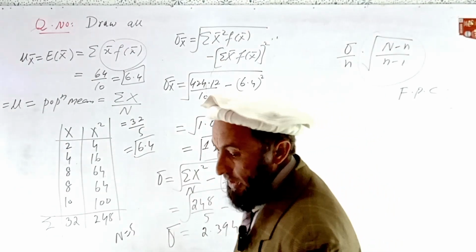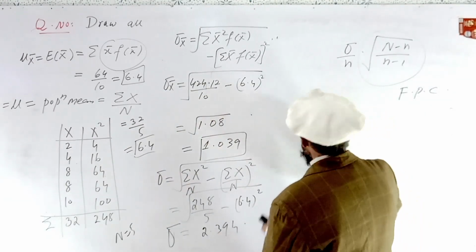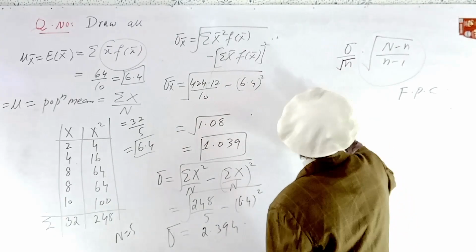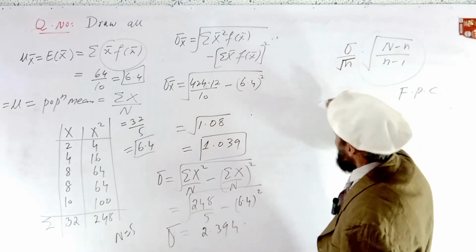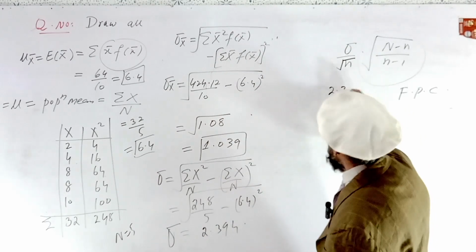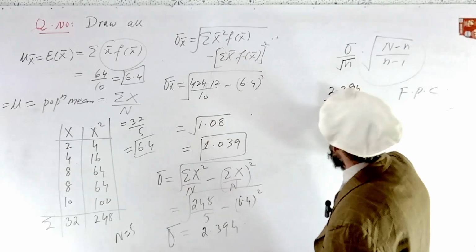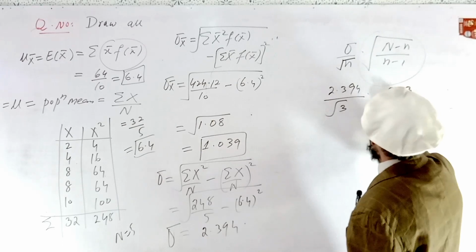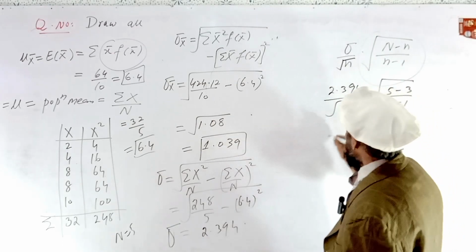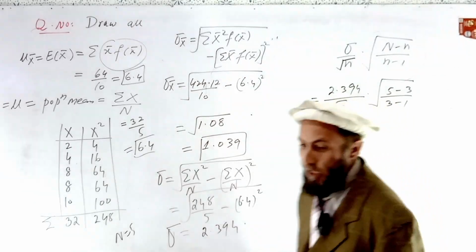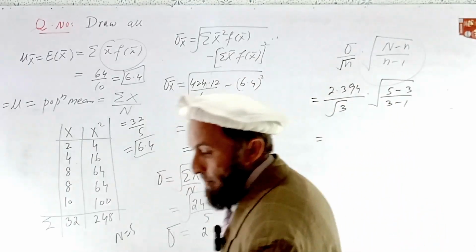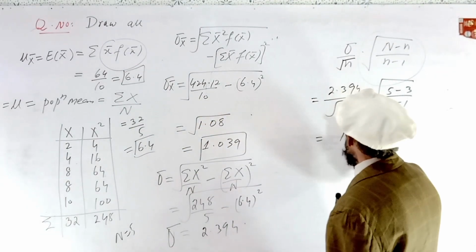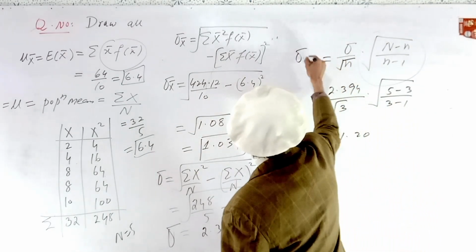Now we calculate this result. We substitute sigma and get 2.394 divided by the square root of n, which is 3, times the square root of N, which is 5, minus 3 over 5 minus 1. If we calculate this, the result we will get is 1.20. So this is the result of sigma x bar.